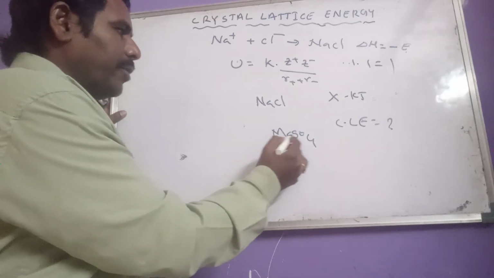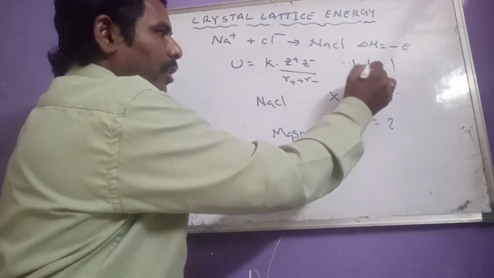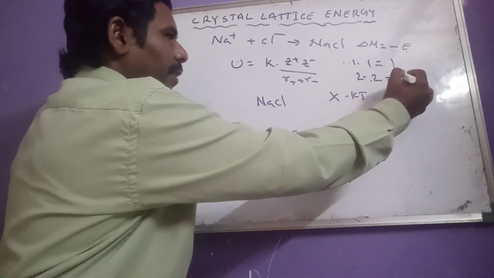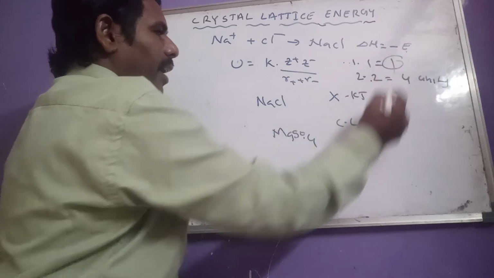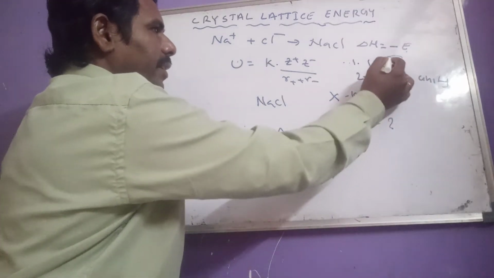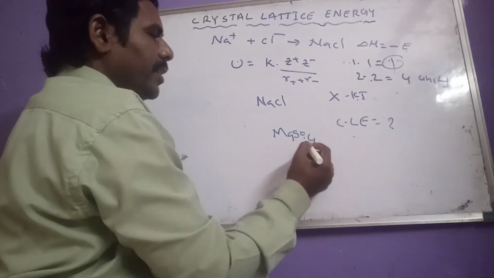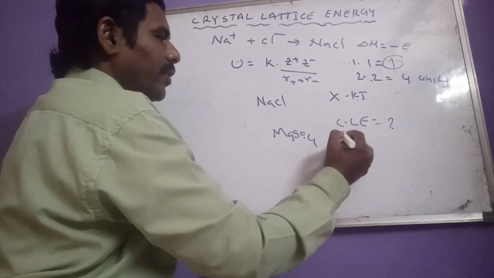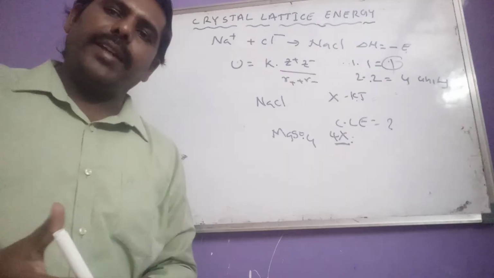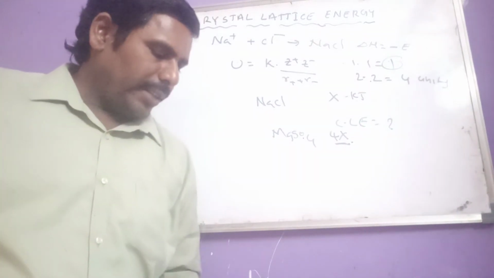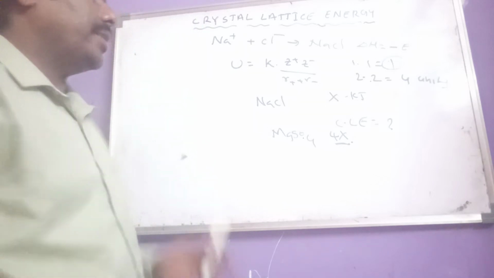But for Mg+2 and SO4-2, +2 into -2 will become 4 units. So if NaCl is X kilojoules, this is 4 times, that means the crystal lattice energy of MgSO4 is 4X kilojoules. Like that, we need to calculate crystal lattice energy.